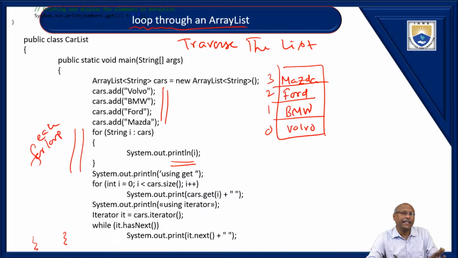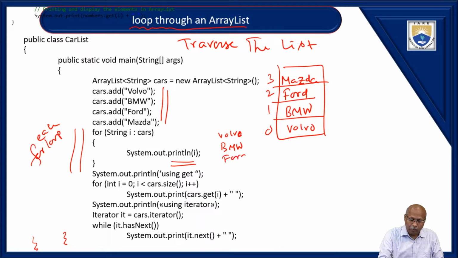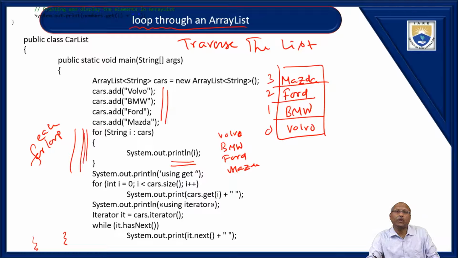Here I need not specify the index. I will get one by one. First Volvo will come, next BMW, because I am printing line by line, next Ford, next Mazda. This for loop repeats 4 times. So this is one way of printing.